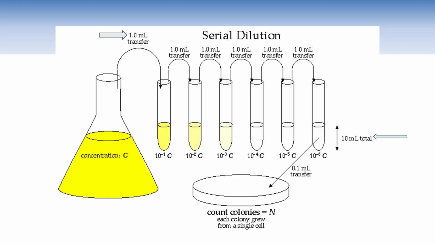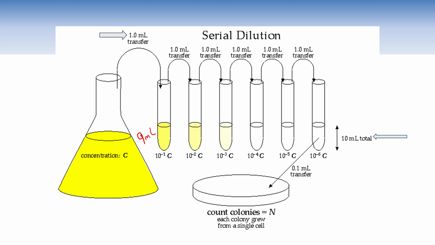In this example, we're performing 1 in 10 dilutions, or 10 to the negative 1 dilutions. So we would fill each one of these tubes with 9 milliliters.